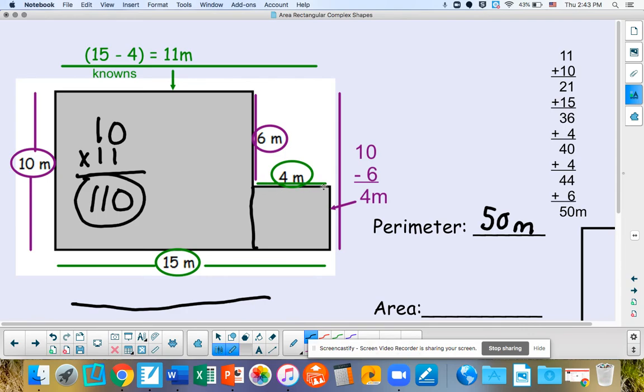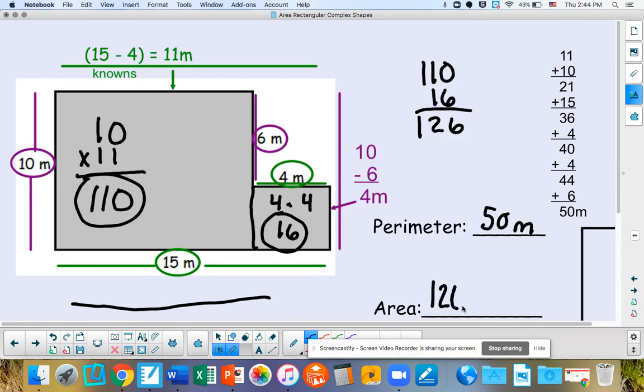Right here we have 4 times our missing that we found was 4, which equals 16. We then will add these two boxes together. And we come out with 126.